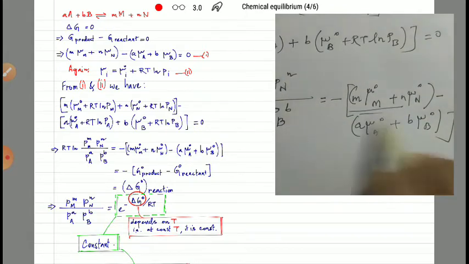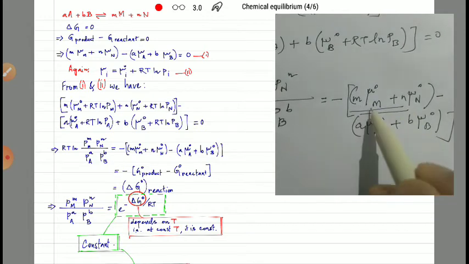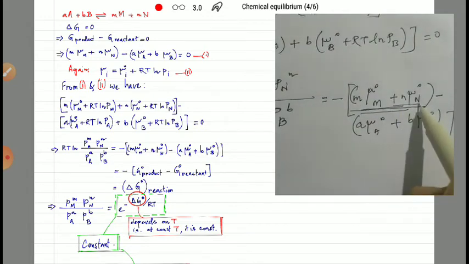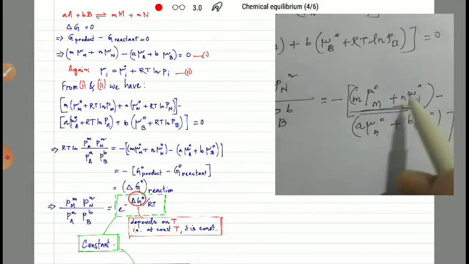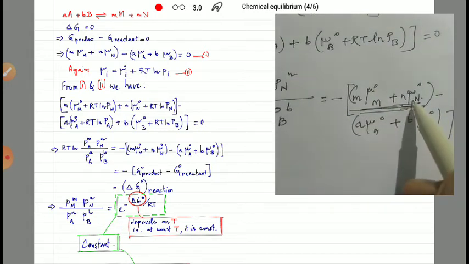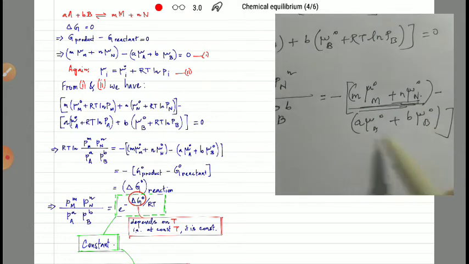What is this actually? This is the chemical potential of your product, and this is of your reactant.